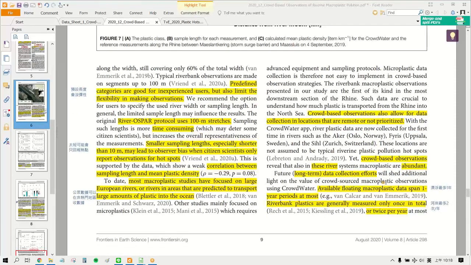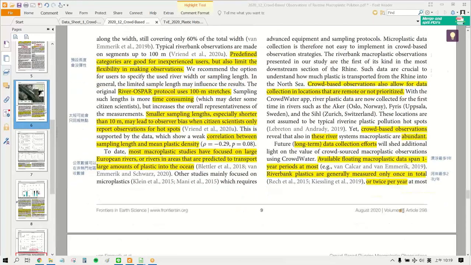And it's very important that long-term data is very important, because the available floating macroplastic data span 1 year at most, and the riverbank only once or twice a year.